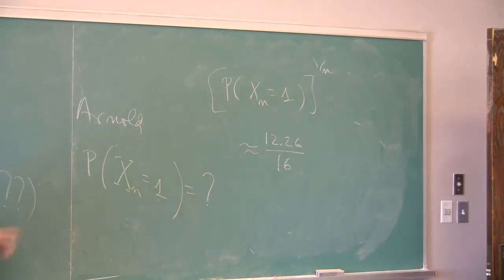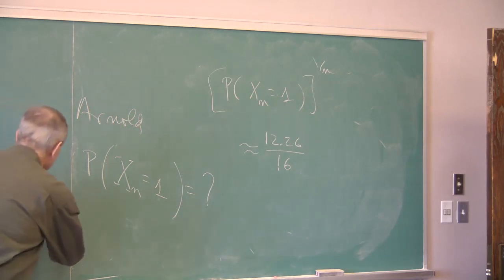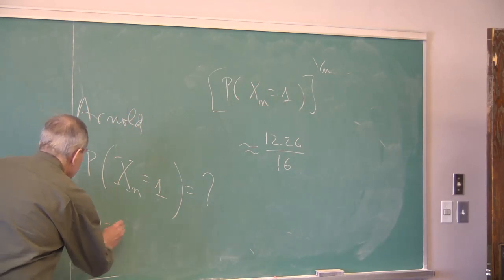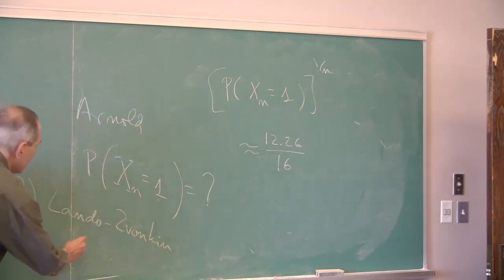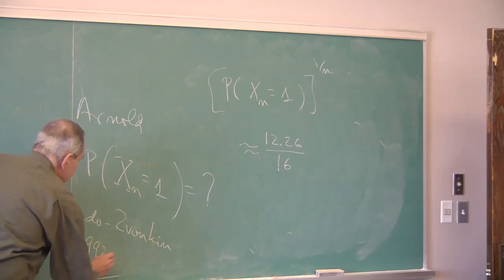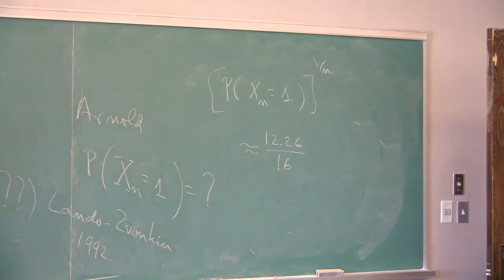The story is that Arnold gave this question in the 80s or 90s to his students Lando and Zvonkin. It appears in the book as well. Around 1992 or 1993, they had a number of good results about that.